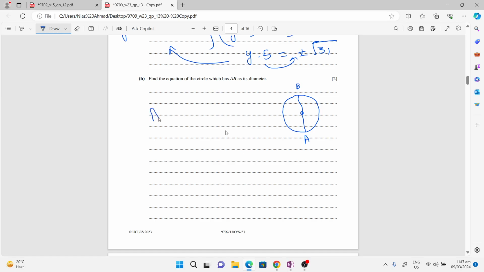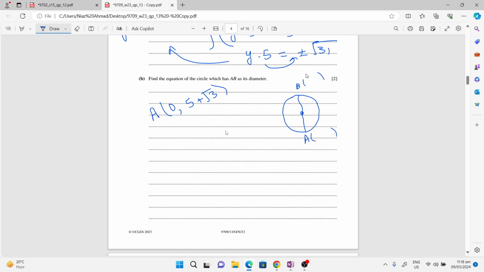Look, you have point A. Your point A has x equal to 0 because the x-intercept was 0, and your y coordinate is 5 plus or minus the square root of 31. We are taking the plus value. This is my A point.